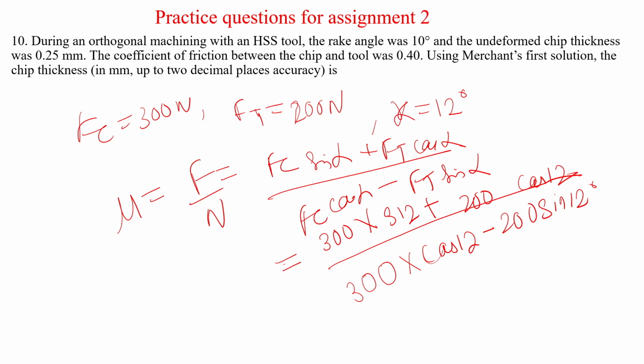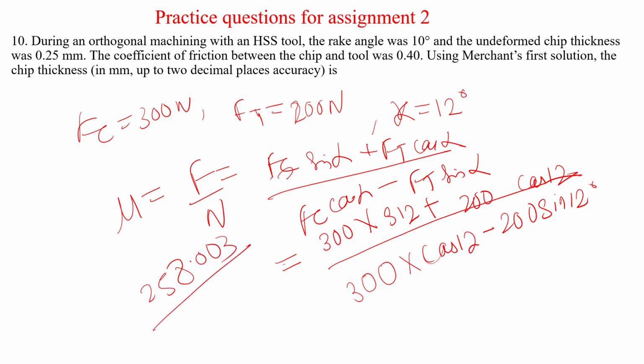Okay, wait, I'll solve it. I'll check. How much did the numerator come? 258.003.